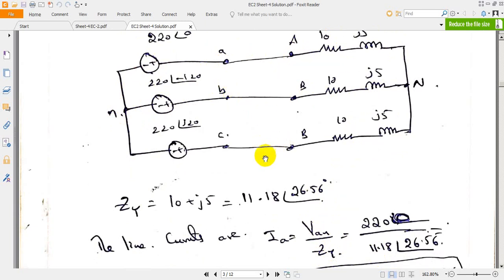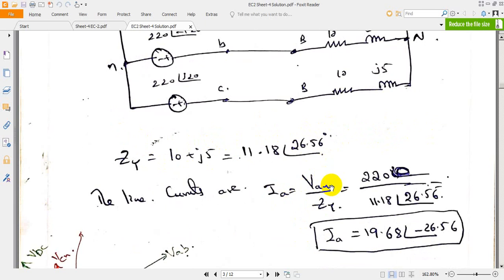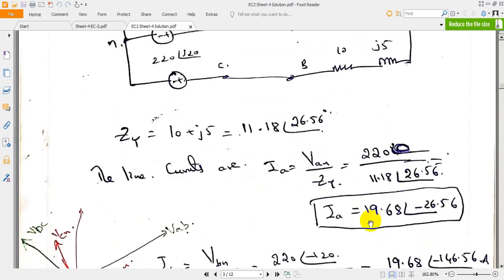Similarly, the voltage is supplied from each phase into the corresponding load phase. So we can write IA is equal to VAN by ZY. Substitute the value of VAN and the value of ZY that we got here, and you will get IA, the current flowing in the line.